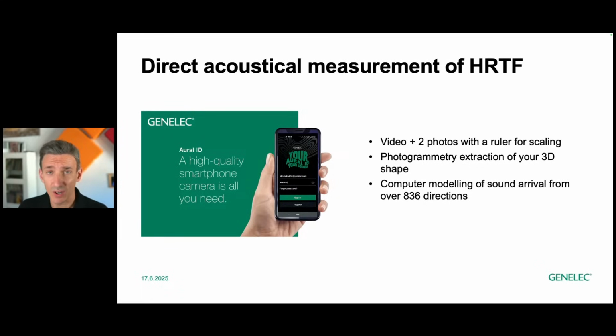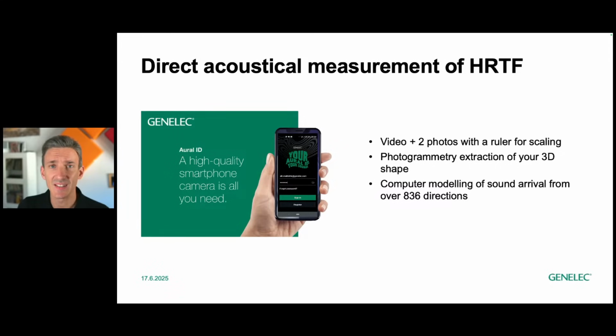And of course, also because you walk around, of all of the rest. So your head, your upper torso, and yeah. And then we have 2 photos, and you should place a ruler close to it. This is just to have the dimension so that you can do the scaling, because a video does not have a reference in it, first of all.